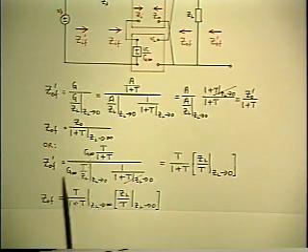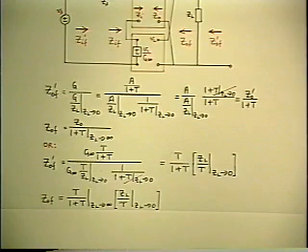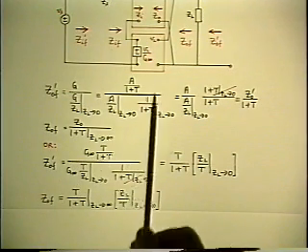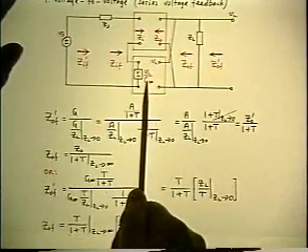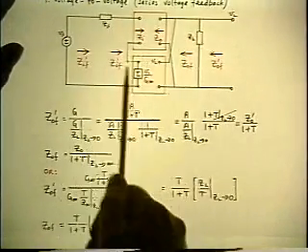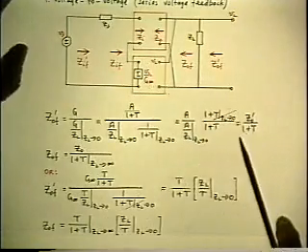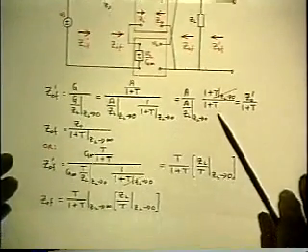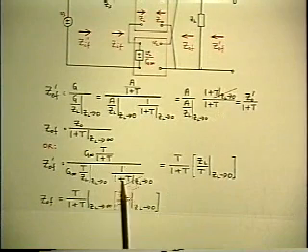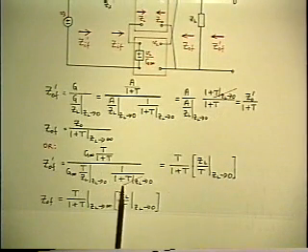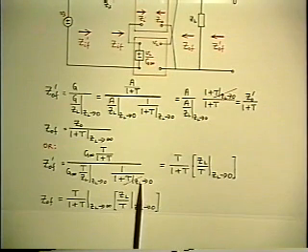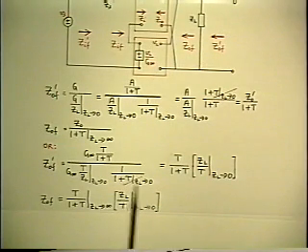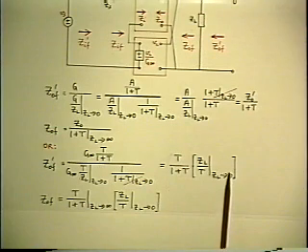So G infinity goes away. Remember, G infinity is determined by the feedback box only. It doesn't contain ZS and ZL. Okay, so collect what's left behind. And once again, we get a T with ZL 0, which is 0, and collect what's left, and this is the result.